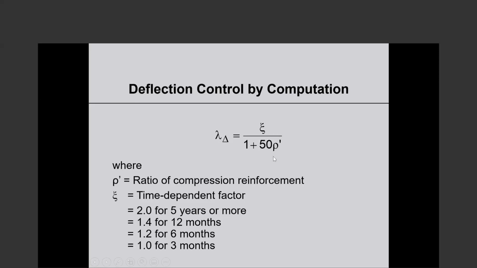The multiplier is a function of the compression reinforcement ratio, because it is an established fact that if you have more compression reinforcement, that helps in relieving the effects of creep, and that decreases long-term deflections. This is why it is in the denominator. And the psi is a time-dependent factor.